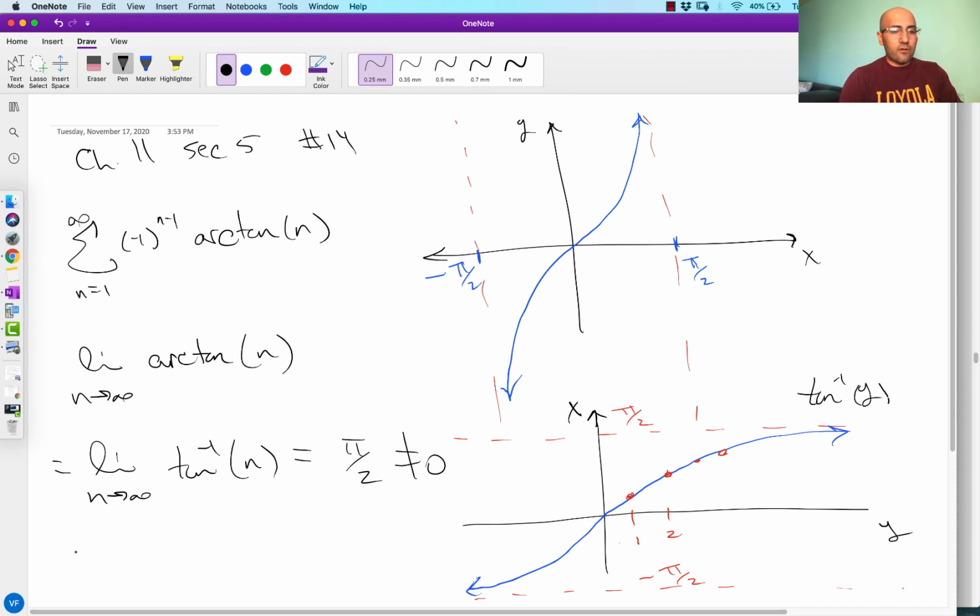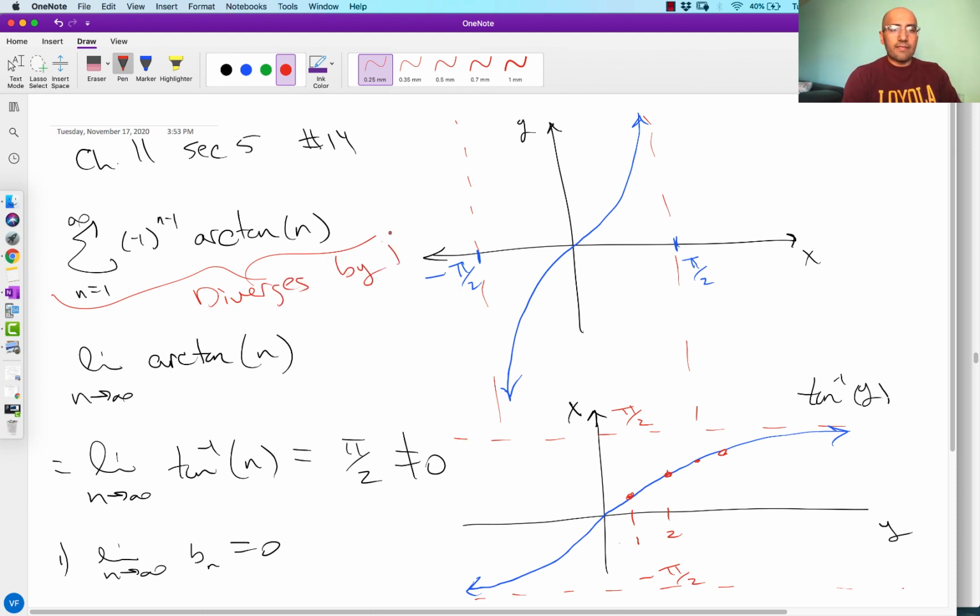It already fails that condition that the limit as n goes to infinity of b sub n must be 0. And so by the divergence test, we can see that this sequence is going to diverge. So my conclusion is that it diverges by the test for divergence.